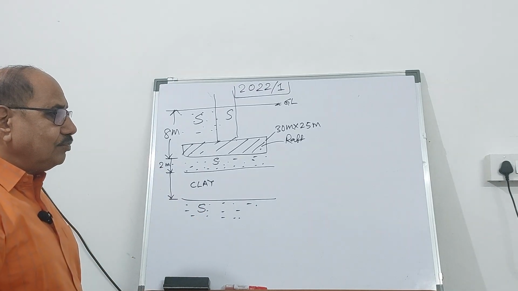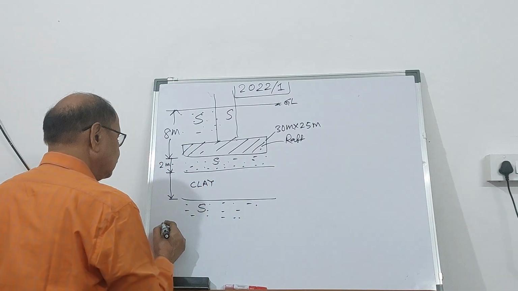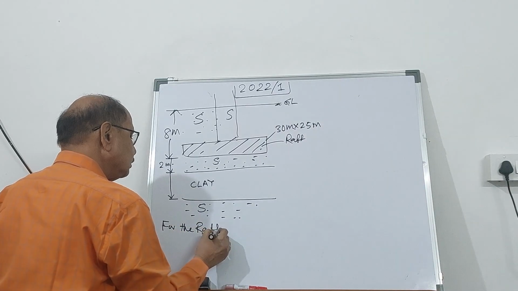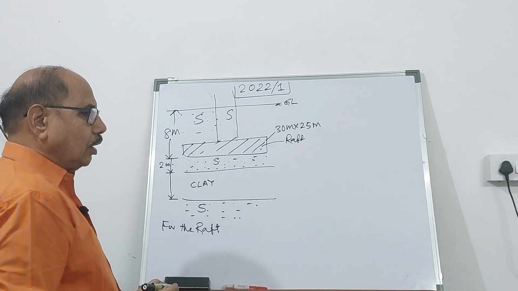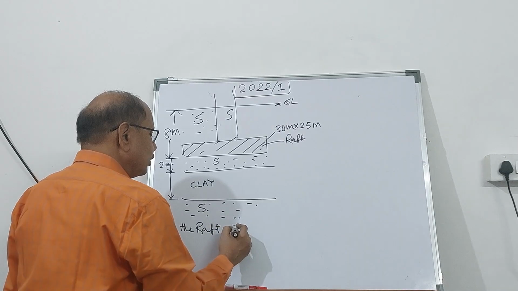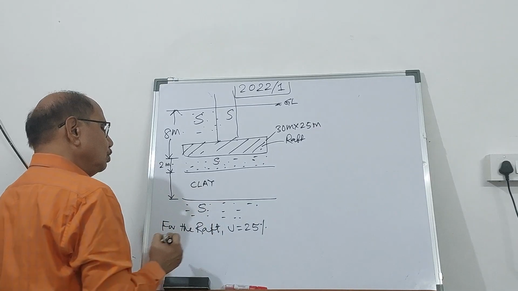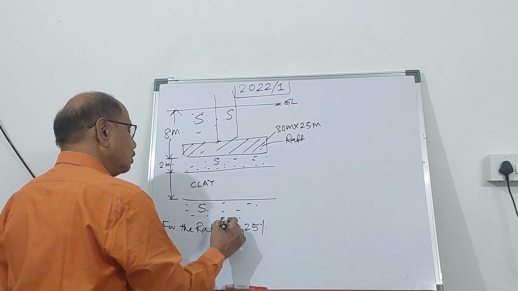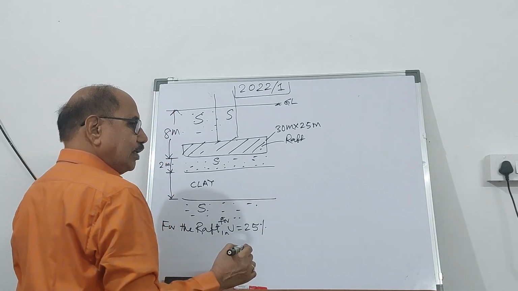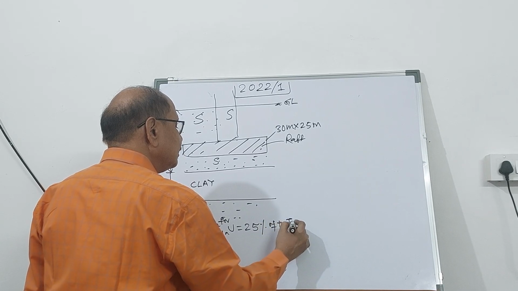The given data for this are for the raft, for u equal to 25%, the degree of consolidation u equal to, so for u equal to 25%, calculate 25% of the total settlement.